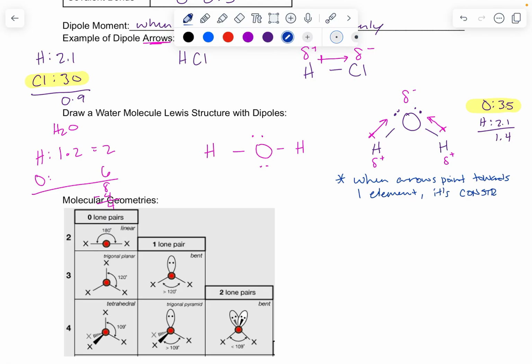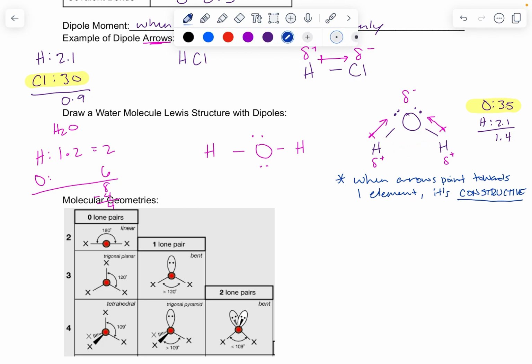That's the new word that we're learning. It's called constructive, okay? This is a constructive dipole. And what that means is that these arrows are both supporting this oxygen. Everything about this molecule is saying, these hydrogens are saying, hey, we know that the oxygen needs these and we're okay with that. We are lifting up this oxygen, okay?